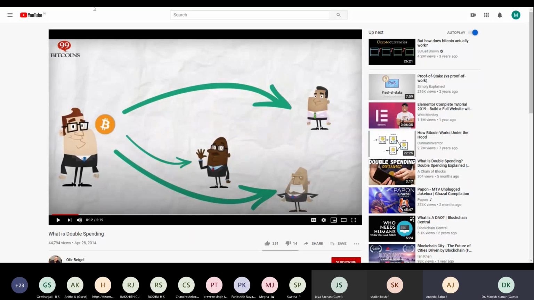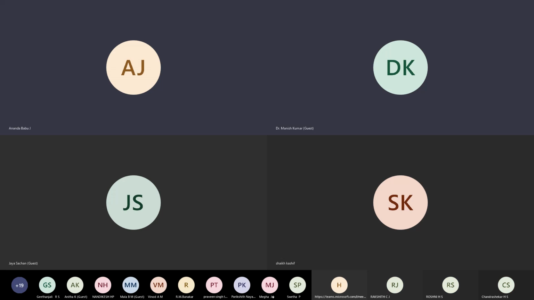Sir, just go to the share content option. I am doing it from the browser only. I have not downloaded the app. Then I think it's not enabled in the browser. Just 1 minute.